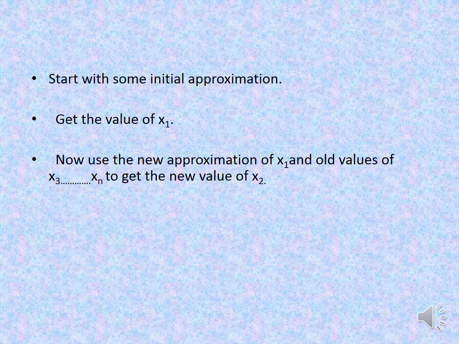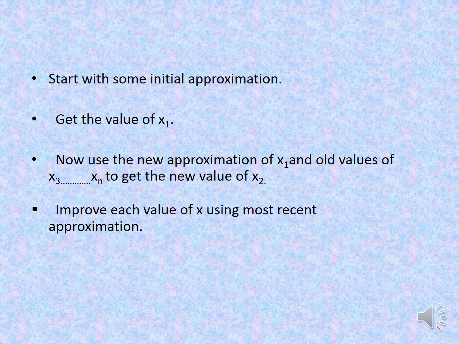Then we calculate x3. For x3 we have two new values, x1 and x2, and for the rest, x4, x5 up to xn, we use the initial approximation. So we improve each value of x using the most recent approximation.